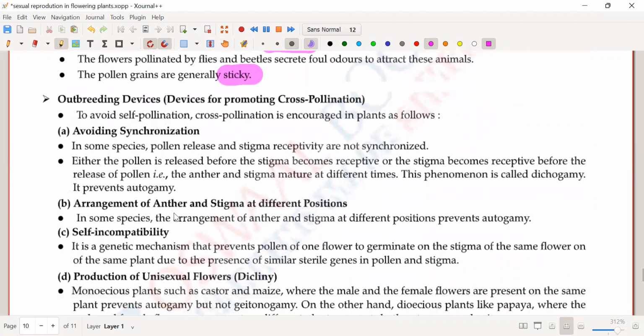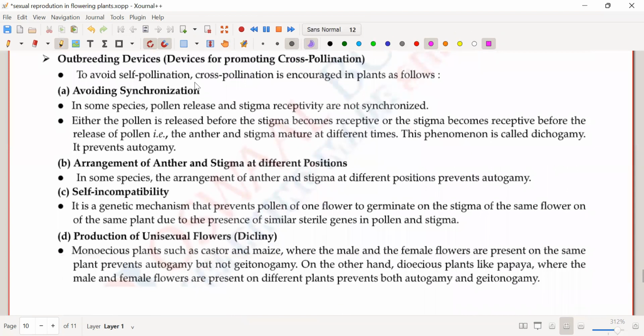Next, this is about the agents of pollination. Outbreeding devices, devices for promoting cross-pollination. This is also a very important topic. To avoid self-pollination, cross-pollination is encouraged in plants as follows. Avoiding synchronization.